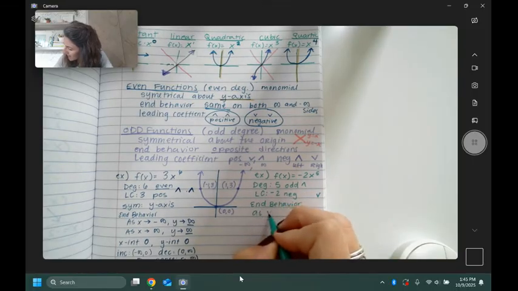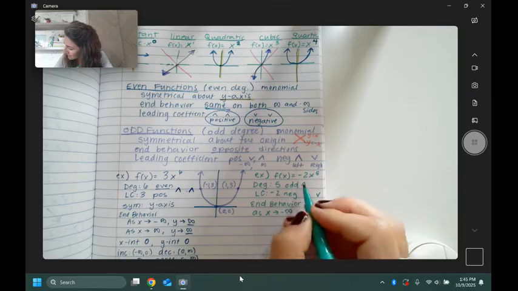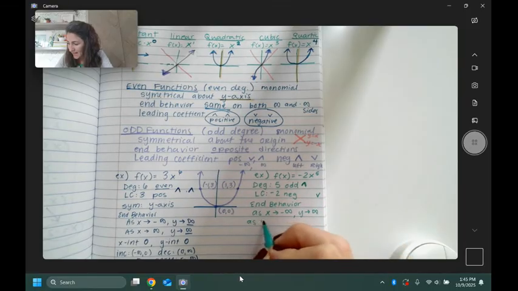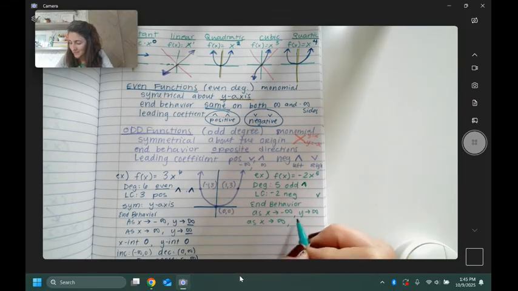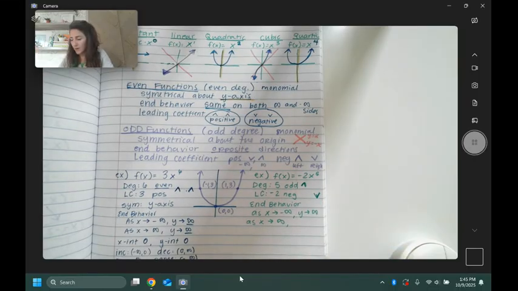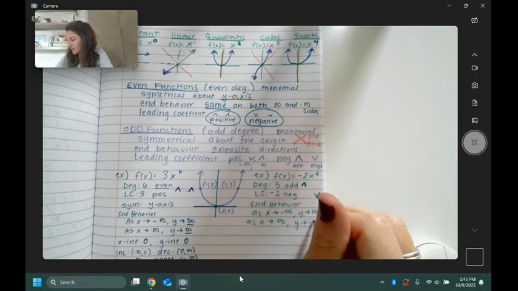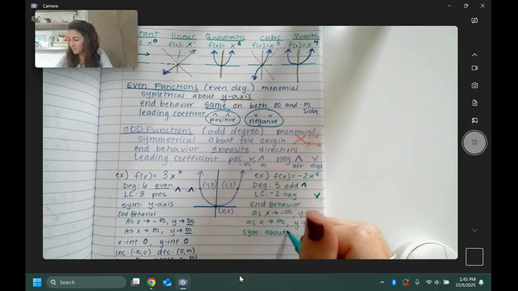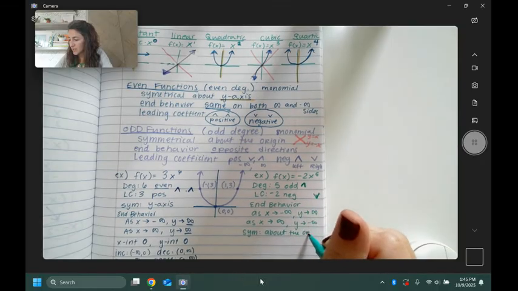As x approaches negative infinity, as it goes to the left, y is going up. And as x approaches positive infinity, to the right side, y is going down. It's called symmetrical about the origin.